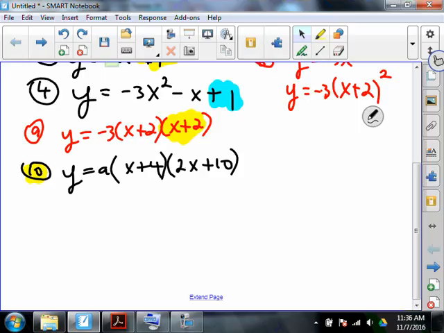As far as the vertex goes, that's kind of a tough question. I don't want to give too much away. Notice that they leave this real generic. They said that that's A. So you might want to, on the calculator, plug in some arbitrary A values and see what you come up with.